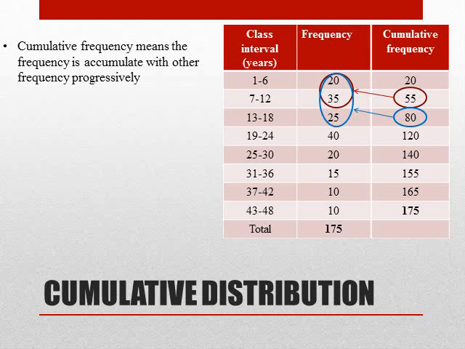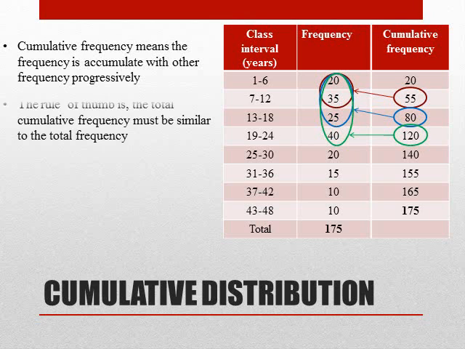For the next column, the cumulative frequency is 120. To calculate this, you need to combine this information: 20 plus 35 plus 25 plus 40. It is the same process that you need to do for the rest. The rule of thumb is that the total cumulative frequency must be similar to the total frequency.